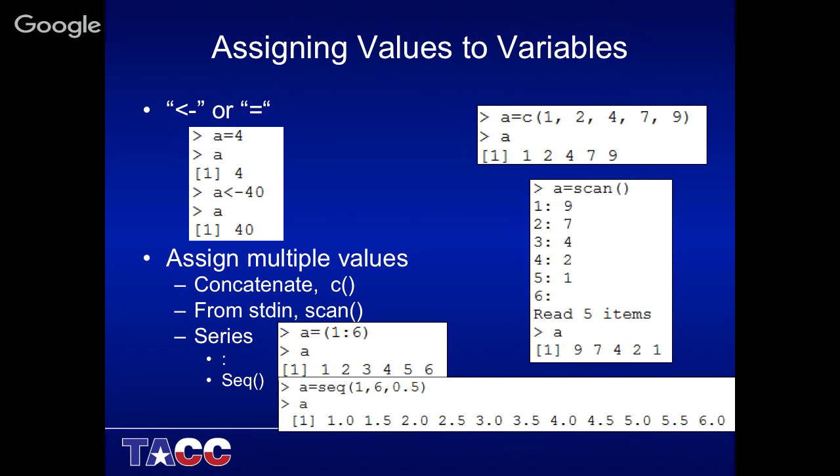And as you can see with the sequence, there's a sequence operator, and the third argument you give it is basically the step size. So it goes from 1 to 6 in steps of 0.5, and it generates the same collection that gets assigned to variable A.